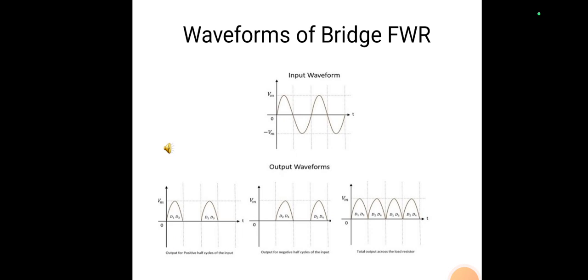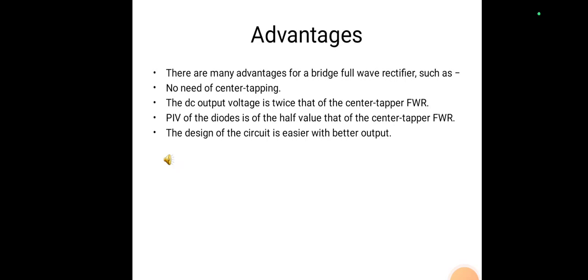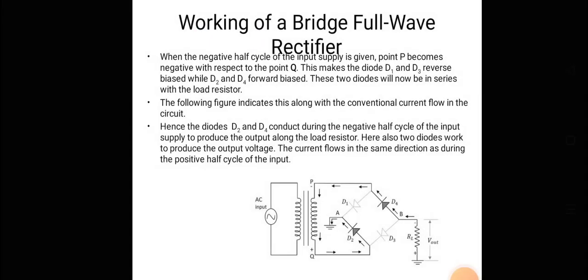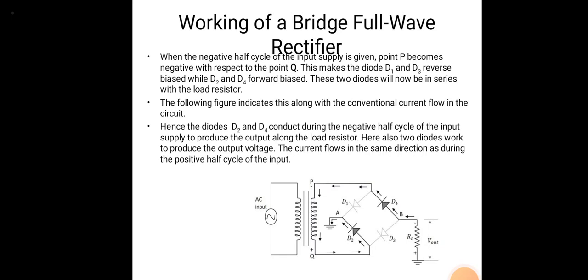Now for the negative half cycle of the AC input, we will see this diagram again. During the negative half cycle, point P becomes negative with respect to point Q, and this puts diodes D1 and D3 in reverse bias and diodes D2 and D4 in forward bias.